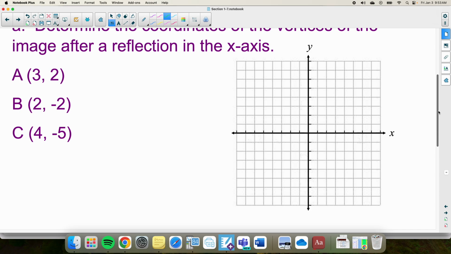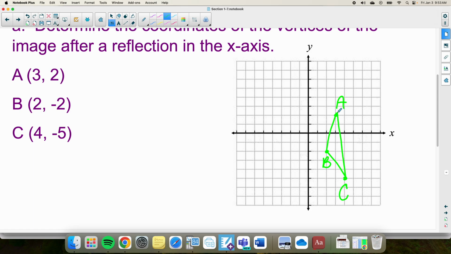So the first one is over 3 up 2, and that is our A. B is 2 to the right, down 2, that is our B. And C is 4 to the right, and then down 5. And that is our C. Okay?